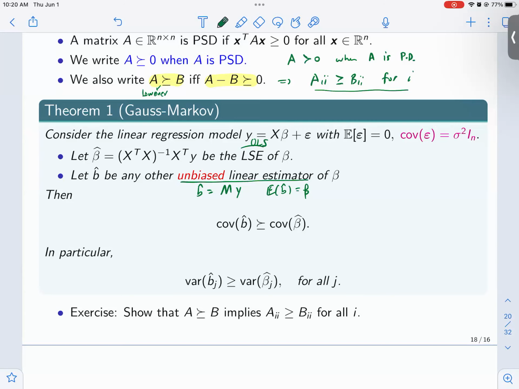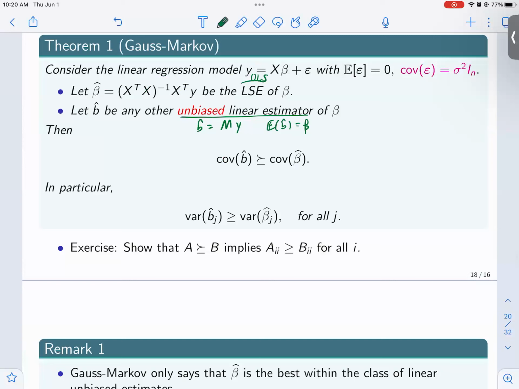For example, what more it gives you is that if I want to estimate aᵀβ, let's say this was β2 minus β1, I can pick a particular vector a to create, say, β2 minus β1. So I want an estimate of this.